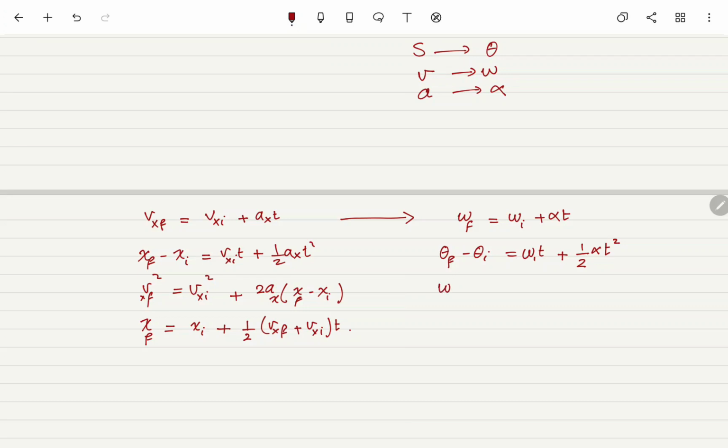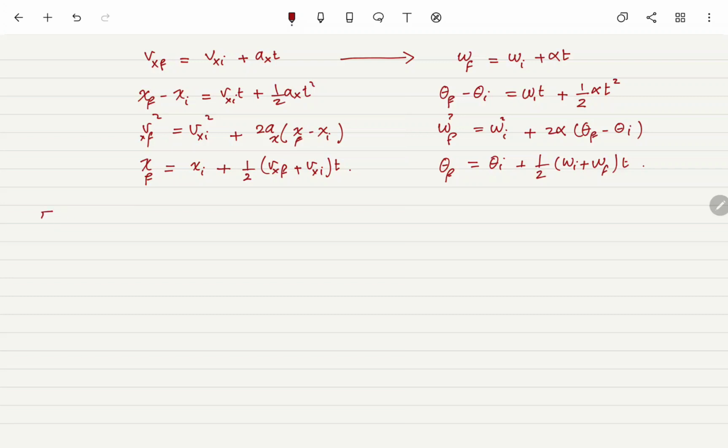For this one, omega final squared equals omega initial squared plus 2 alpha (theta final minus theta initial), and the last one, theta final equals theta initial plus half (omega initial plus omega final) t. And remember, these equations are the equations of motion in translational motion, and these are the equations of motion in rotational motion.